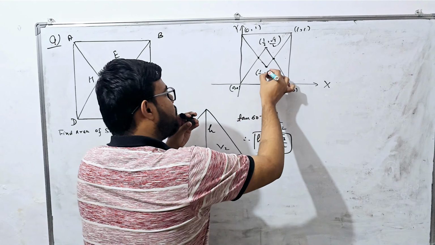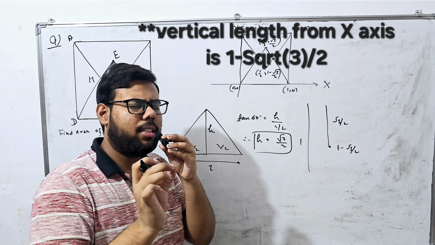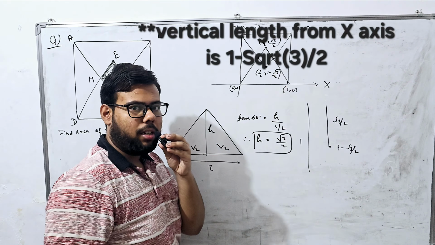This point was root 3 by 2 from the upward direction, and the whole length was 1, so its vertical length will be 1 minus root 3 by 2, and that is the value for the y component over here, right?